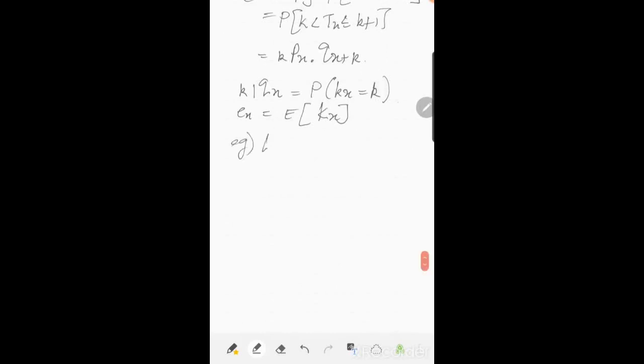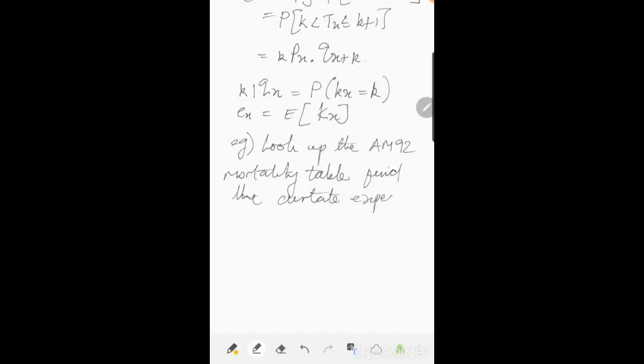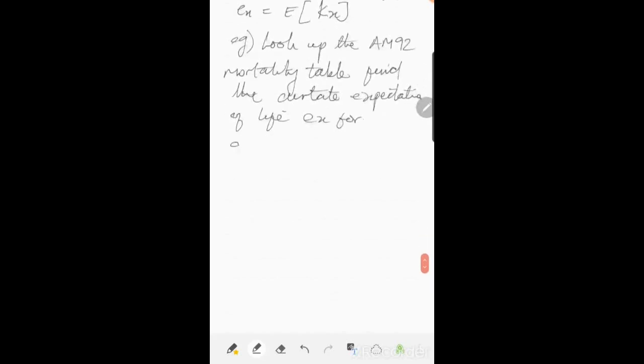Look up the AM92 mortality table and find the curtate expectation of life ex for: A, a 21-year-old actuarial student; and B, a 70-year-old pensioner.